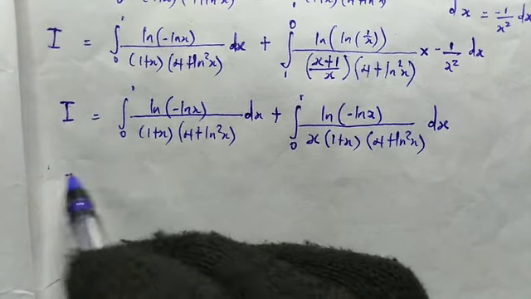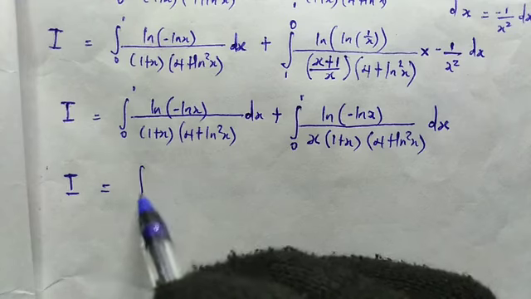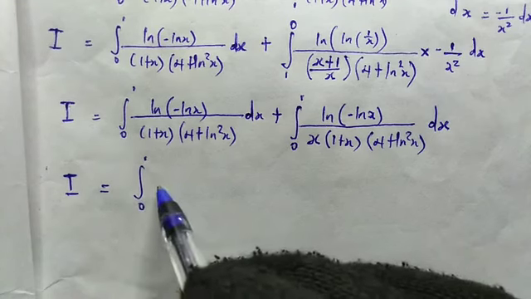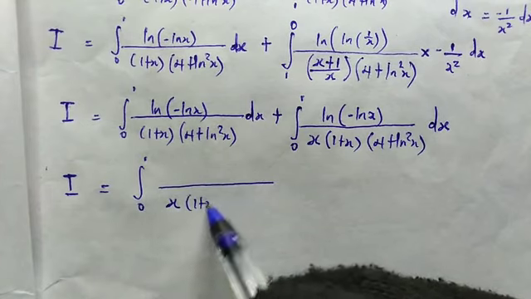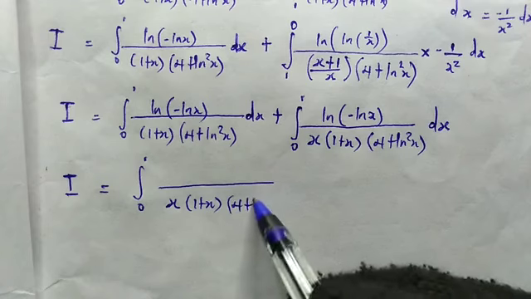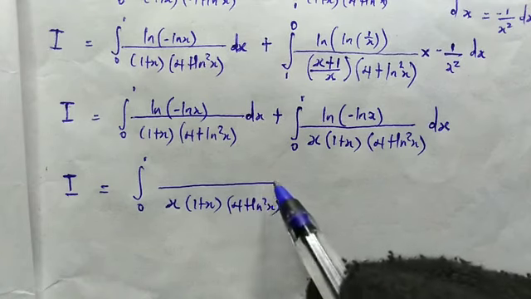So here I is going to be equal to the integral from 0 to 1. Here the common denominator is x, 1 plus x, 4 plus the natural log of x squared.